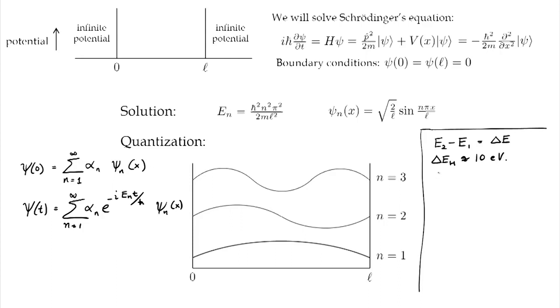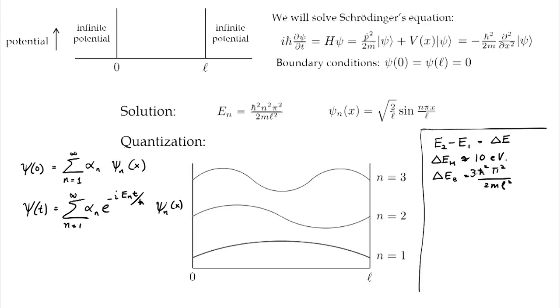Whereas delta E for our particle in the box, let me call it delta E sub B, is h bar squared pi squared over 2mL squared times 2 squared minus 1 squared, which is times 3.